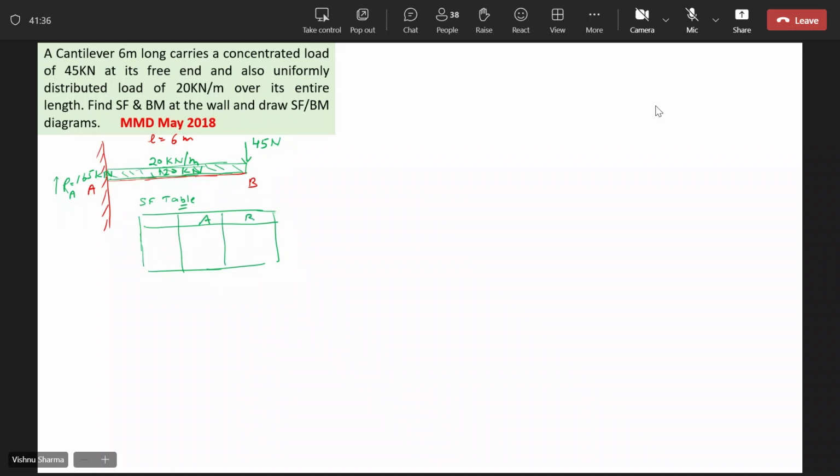From left to right, it is A and B. SF in this case will be in kilonewton. Guys, any of them required to be divided into 2? A or B? Both, sir. Why? Because both are concentrated. A also, this reaction is concentrated. Understood?